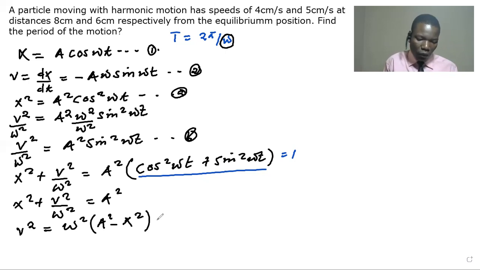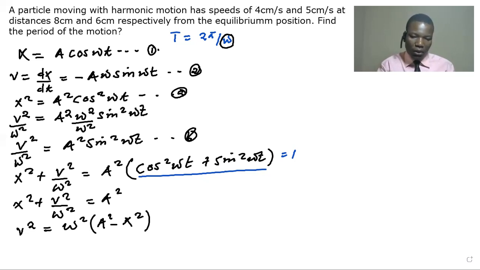So we have 4 centimeters per second speed at distance 8 centimeters. We place these values in this equation, and we also place 5 centimeters per second and 6 centimeters in it, and we get a second equation.